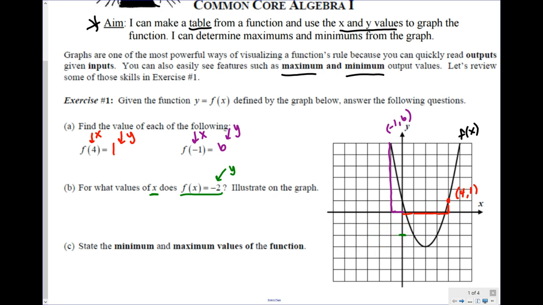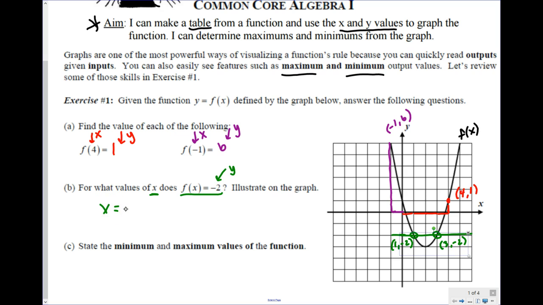So I'm going to draw a line through negative 2, and these are the two places where it crosses the graph at y equals negative 2. So let's label those points. This is the point 1, negative 2, and this is the point 3, negative 2. So I actually have two answers for this.